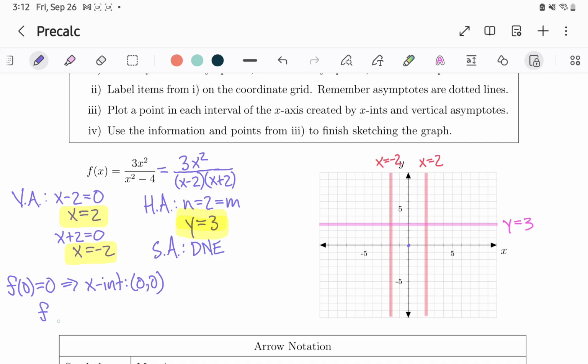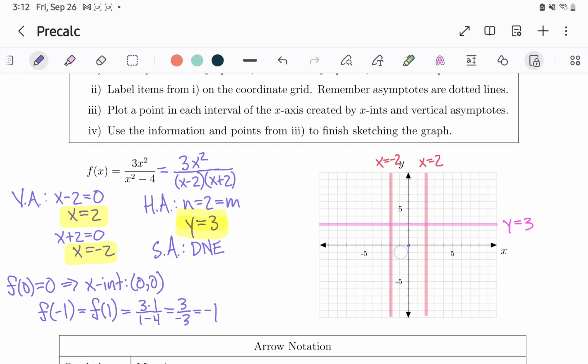So first, let's do f of -1, which is going to be equal to f of 1, which is going to equal 3 times 1 over 1 minus 4, which is going to equal 3 over -3, which equals -1.